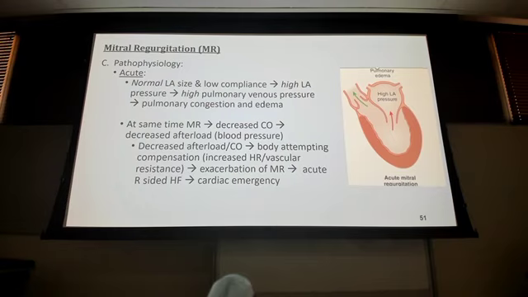So if I'm not perfusing the organs correctly, I can't maintain a diastolic pressure that's adequate to even perfuse the heart and the coronary arteries themselves. Imagine what the consequences are going to be of that. Okay? So in the acute setting, be thinking of flash pulmonary edema and be thinking of forward flow problems.